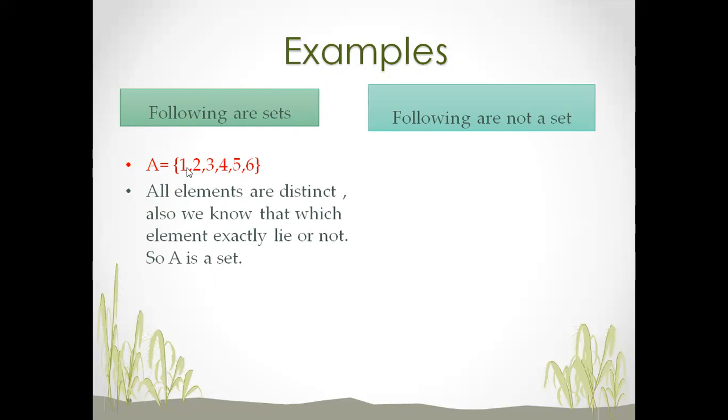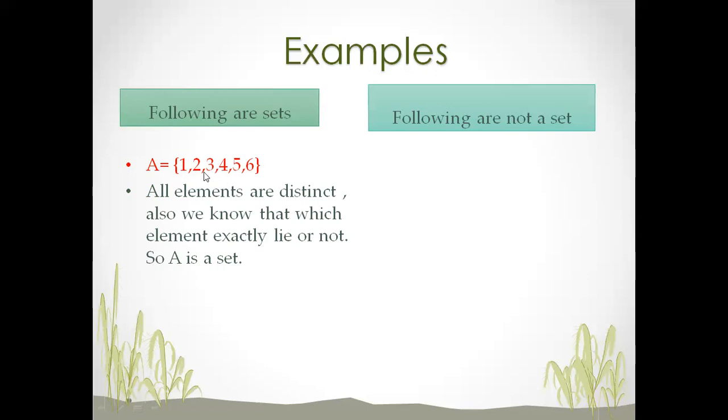For example, you have a set A, and if someone asks you whether 2 belongs to set A, you clearly say yes. And if someone asks whether 7 belongs to that set, you clearly say no, it does not belong to A. That's why we clearly decide which element belongs to the set and which does not, and this is the definition of well-defined.